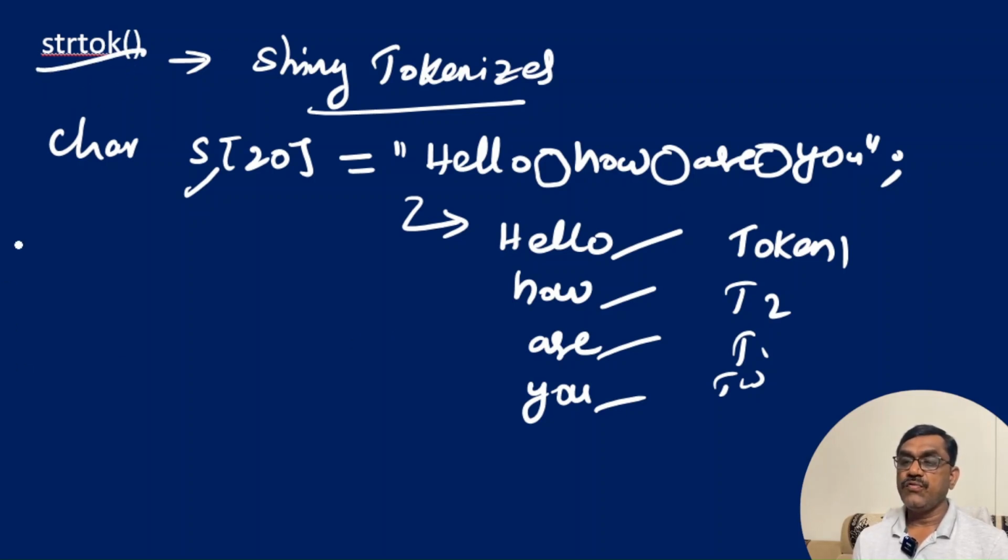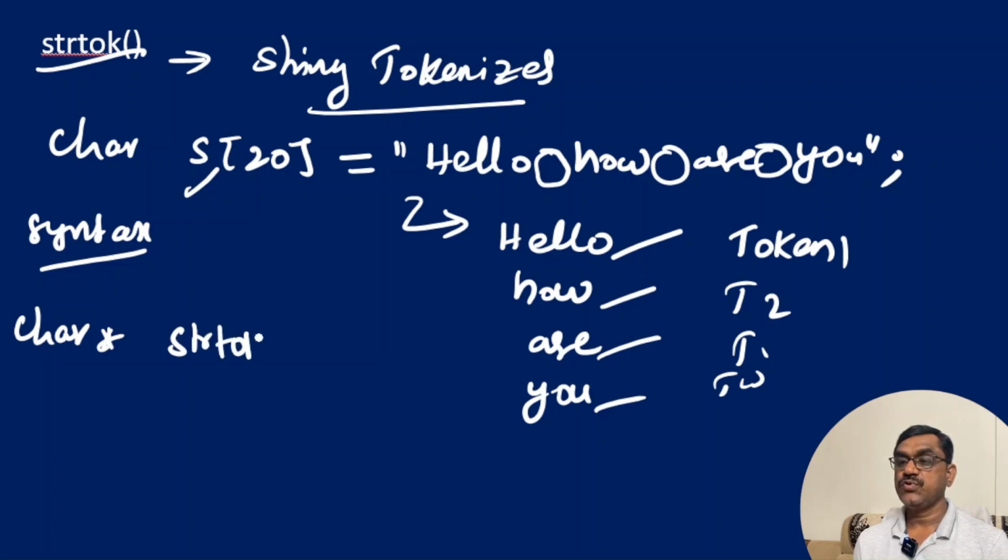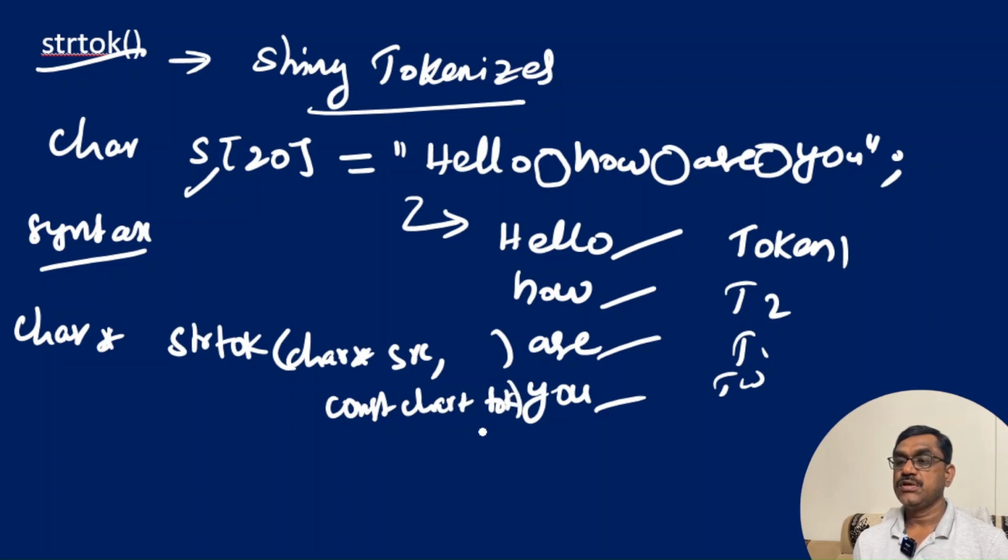Now, what is the syntax for this? The syntax is: take char star and use strtok, and it is going to take two parameters. The first parameter is a string of character type, comma, and also a const char star, another string, here we are using d.